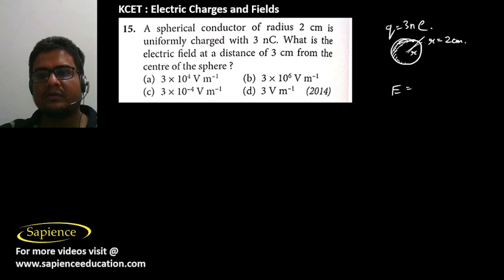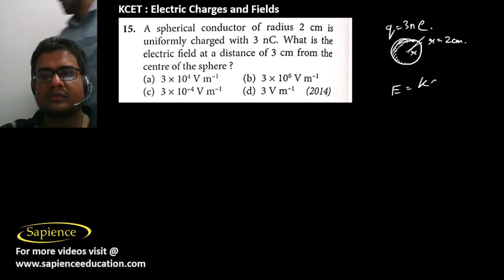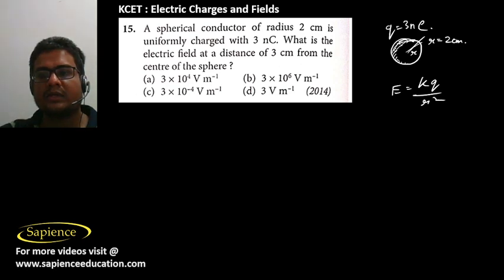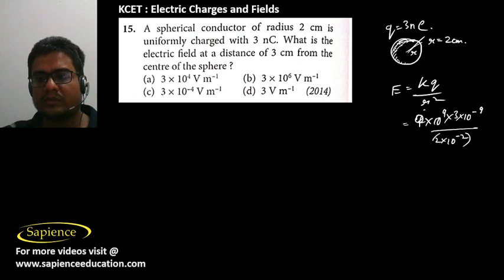The electric field will be kq by r square, where r is the distance from the center, and inside the conductor there will be none. So 9 into 10 power 9 times the charge, divided by r square, with r the distance 3 centimeter.